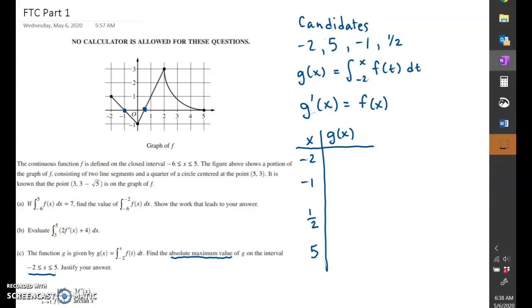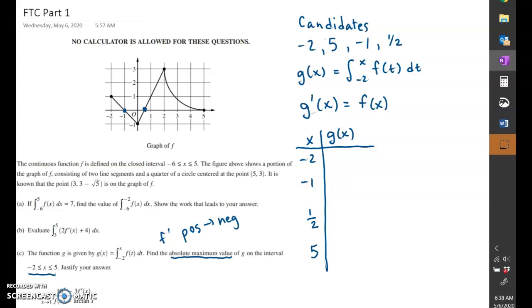The maximum is going to be when f prime changes from positive to negative. So I can throw out -1 as a possibility. I don't know if it's worth the writing it would take to throw it out, but so I know that this is a minimum. No, I don't. I can't throw out -1 as a possibility.